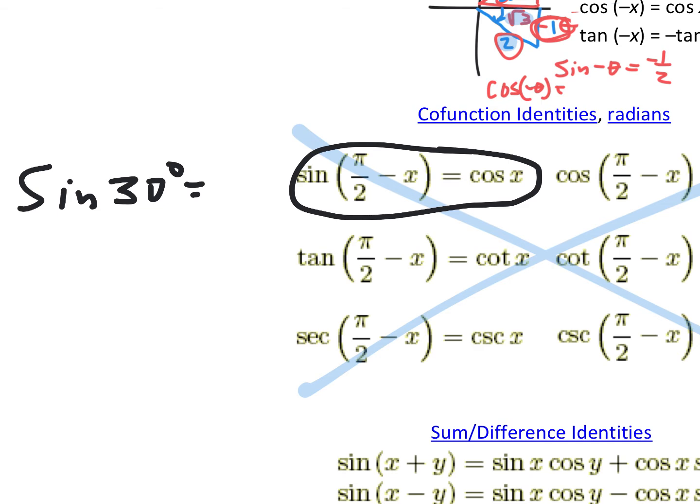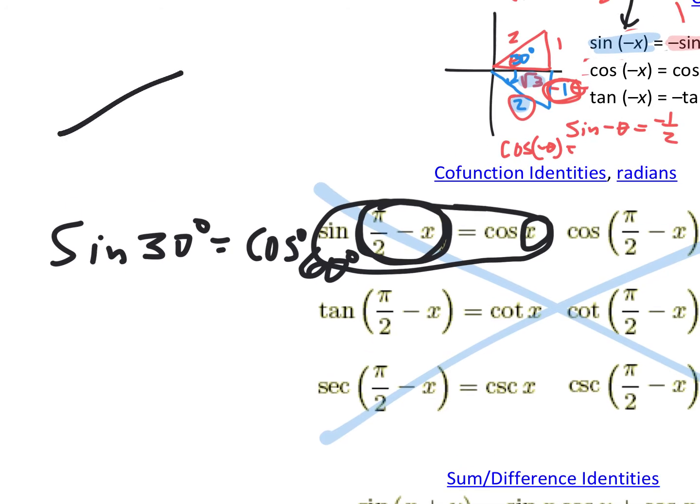Sine of 30 would be equal to cosine of, what's the relationship between this and this? One of them is 90 minus that, and the other one's that. So they both add up to 90. So sine of 30 is equal to cosine of 60. I don't know if you've ever noticed that if you do sine of the 30-degree angle, it's the same as cosine of the 60-degree angle.